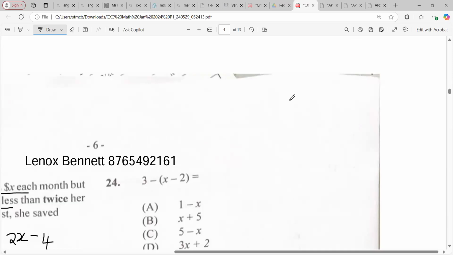Number 24 says 3 minus bracket x minus 2 is equal to. All right, so I'm going to expand the bracket, right? So negative times x would have given minus x. And negative times negative would have been positive, so this would give us plus 2.